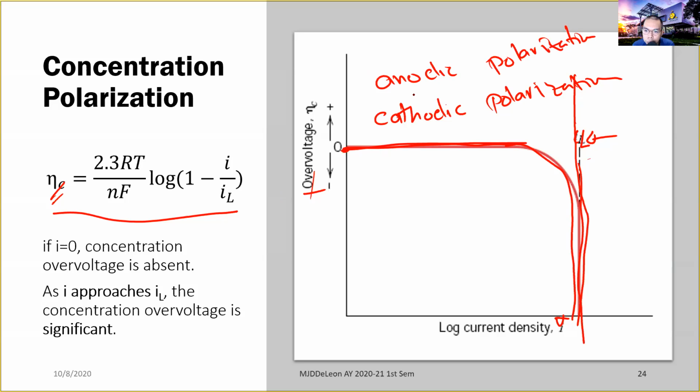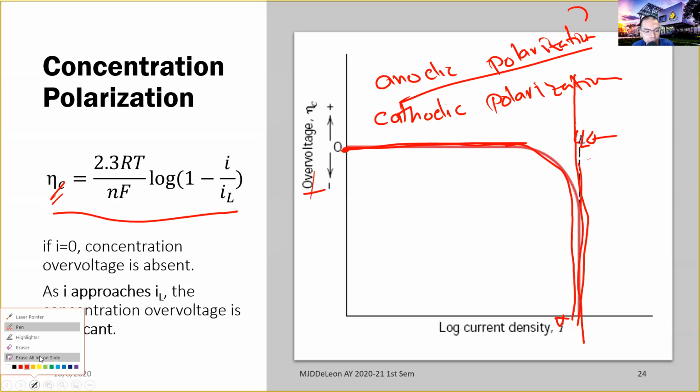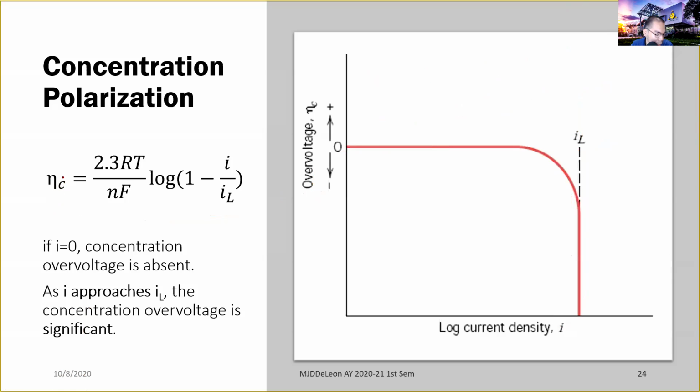Anodic polarization is not considered. Or better yet, siguro ang tanong mas maganda, bakit sa anodic polarization, hindi siya magiging controlled by concentration polarization? So tingin nyo bakit?